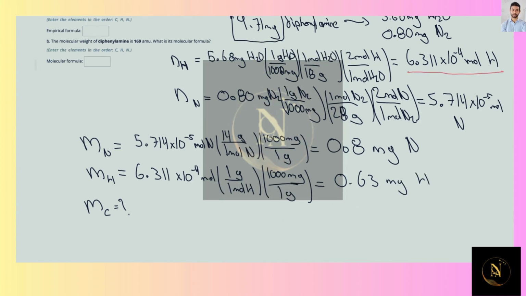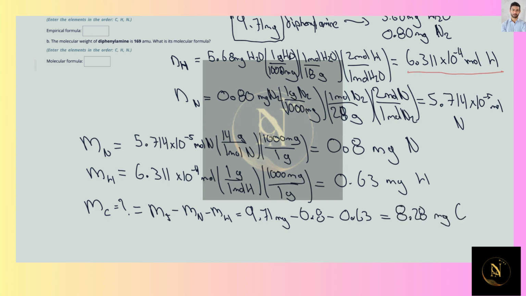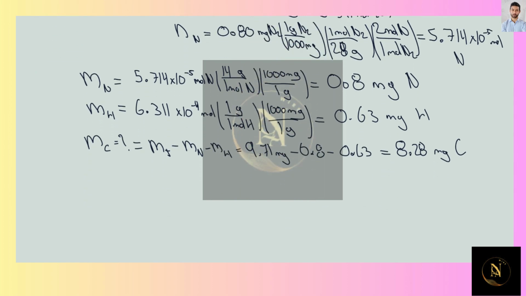So that means that the mass of carbon is going to be equal to the total mass minus the mass of nitrogen minus the mass of hydrogen. This is going to be, the total was 9.71 milligrams minus 0.8 minus 0.63. This is going to give us 8.28 milligrams of carbon.